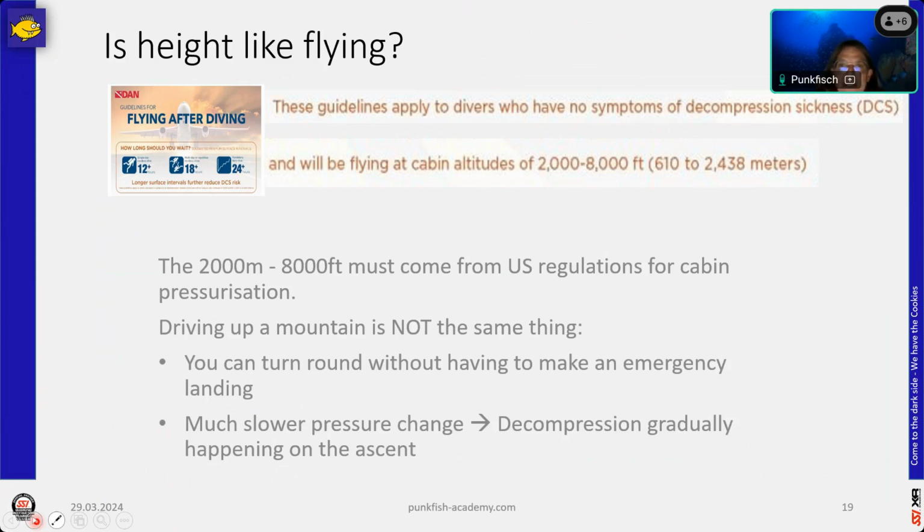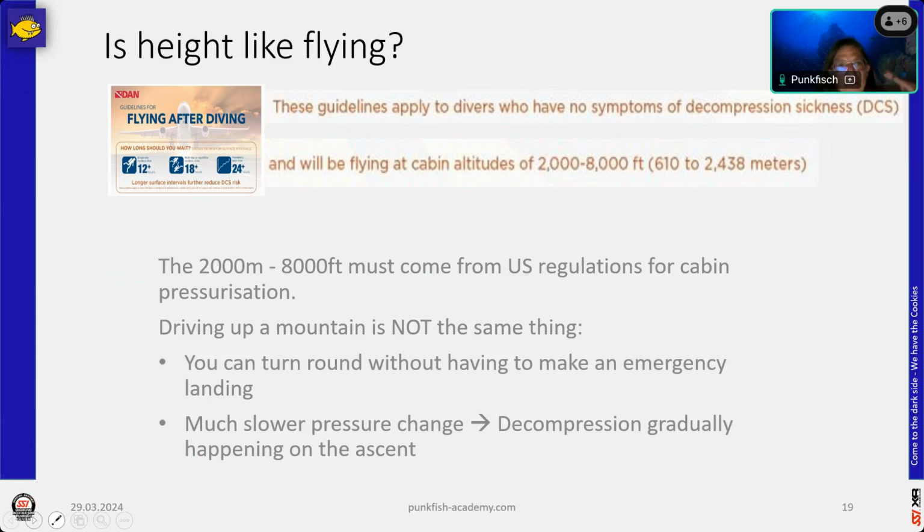It does not mean that airplane cabins are usually pressurized to this. The most common is something around 2,000 meters, so not 600. And the 2,000 does make a little bit of a difference, but it doesn't mean we really can't do this after diving. But 2,000 meters of difference is something I would start to think about.